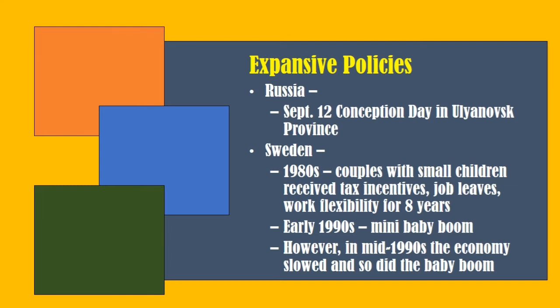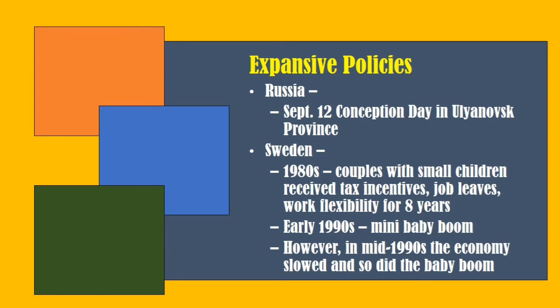When we say baby boom, this is a significant increase of birth rate in a particular country. However, in the mid-90s, due to some problems in their economy, that baby boom was also affected.